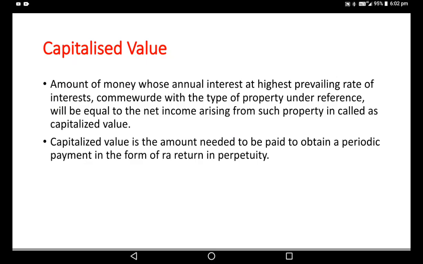Next one is capitalized value. It is defined as the capital amount required to be paid to receive a periodic payment in the form of net return from the property for an indefinite period or for a specified period.